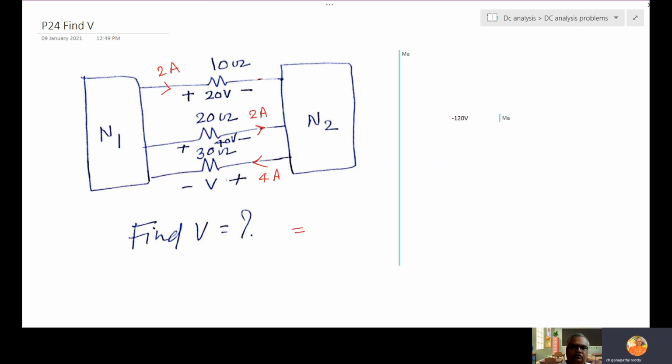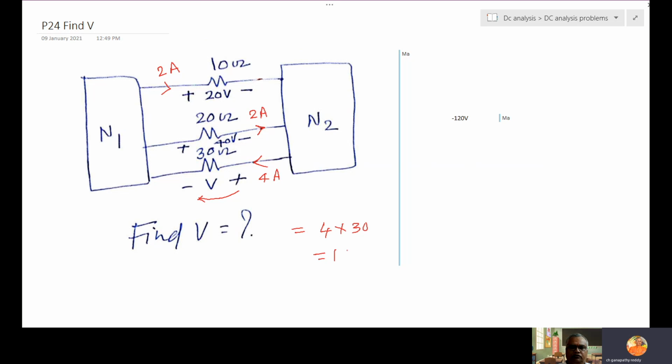Now what is V? What is the rule to find V? Start at positive, go to negative. This direction and the current direction are both the same. This direction and the current direction are both the same. So same means plus. That is 4 into 30.